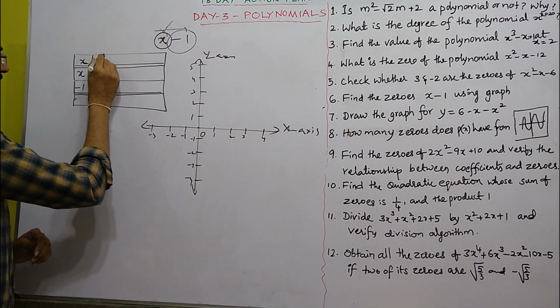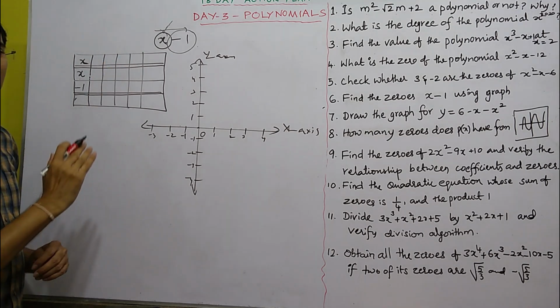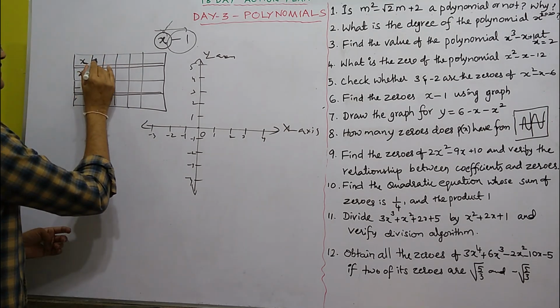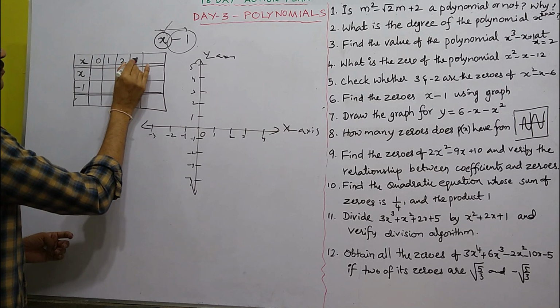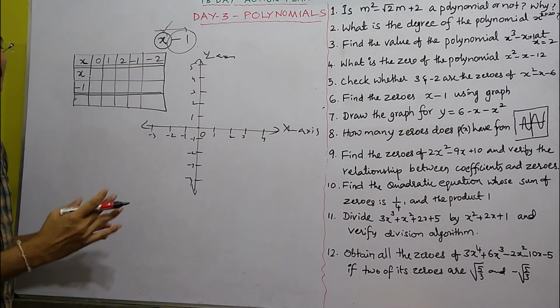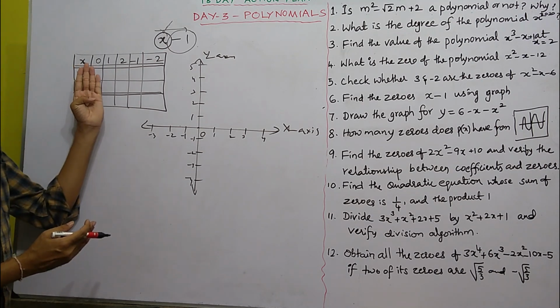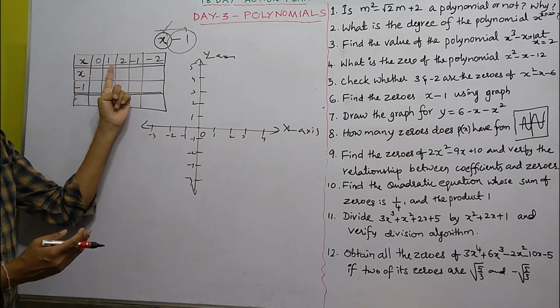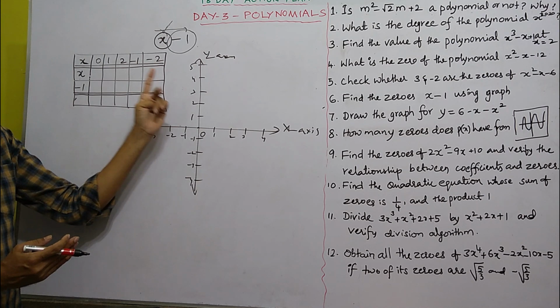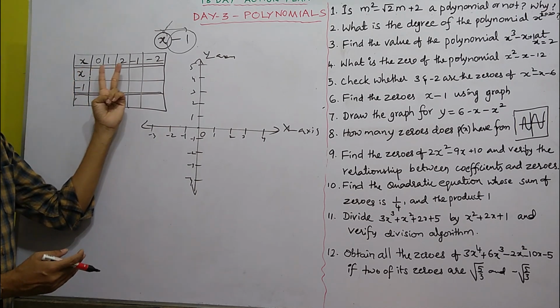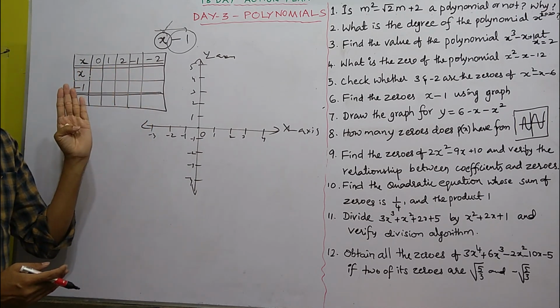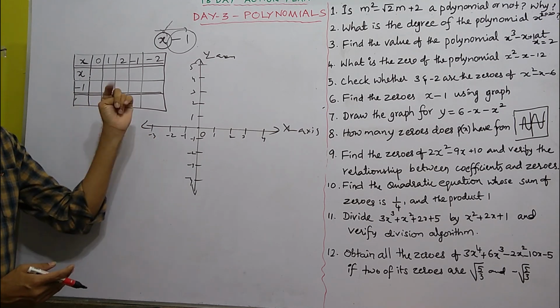Now, take like this. You can take 5 or 7. Let us take 0, 1, 2, minus 1, minus 2. You can take in any way, any values, but let us follow a system. You will take all the numbers 0, 1, 2, 3, 4, 5 like that. You will take some positive numbers and some negative numbers to check and to test its nature.